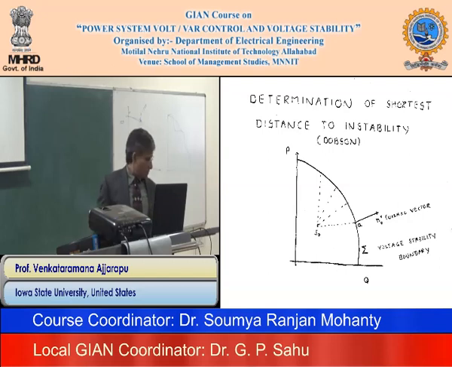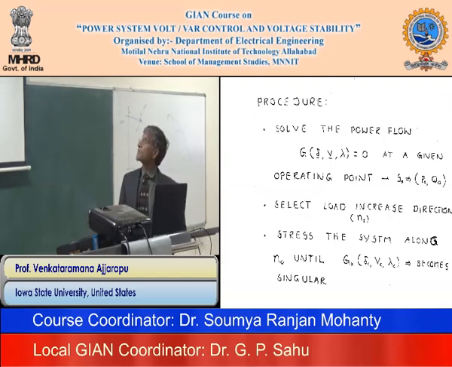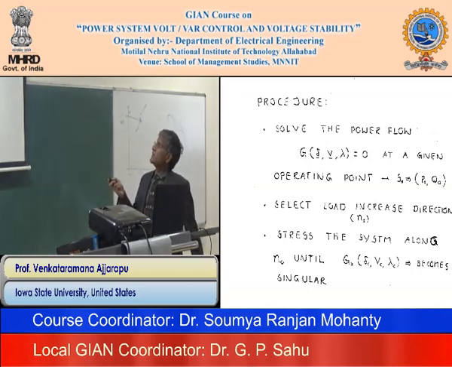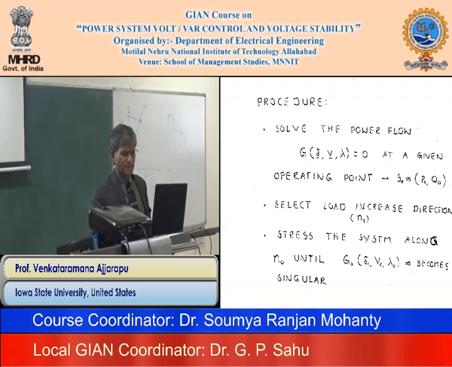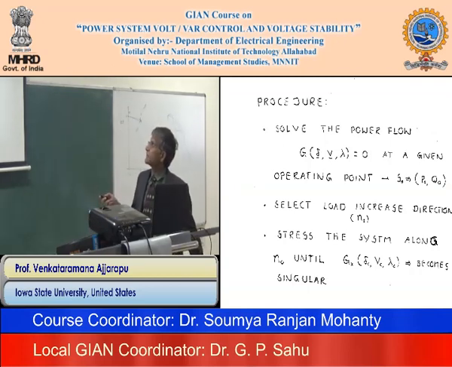So what is the procedure you have to have? Again, solve the power flow, delta V lambda equals 0, at a given operating point, S0, P0, Q0. Select load increase direction, M0. This is the load increase direction. I'm using the same symbol, but the load increase direction is not the same as the normal vector, so be careful. So select load increase direction N0.